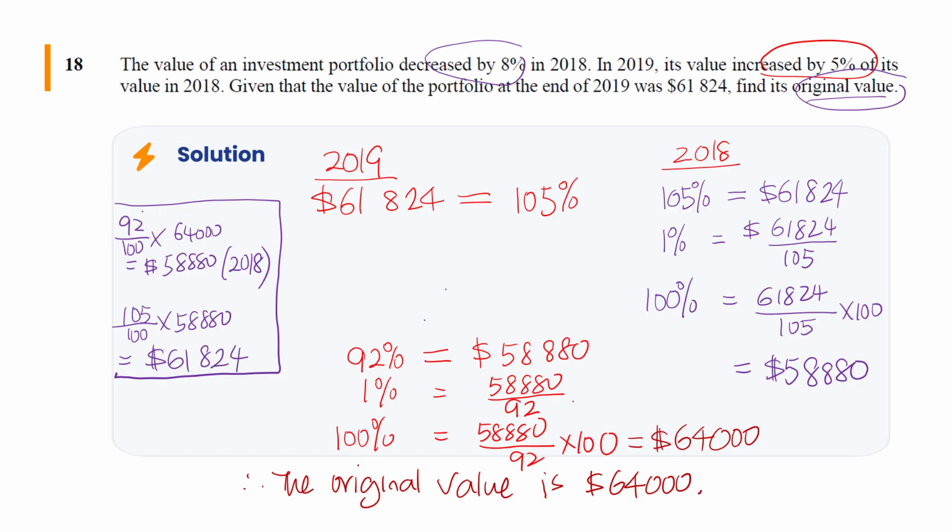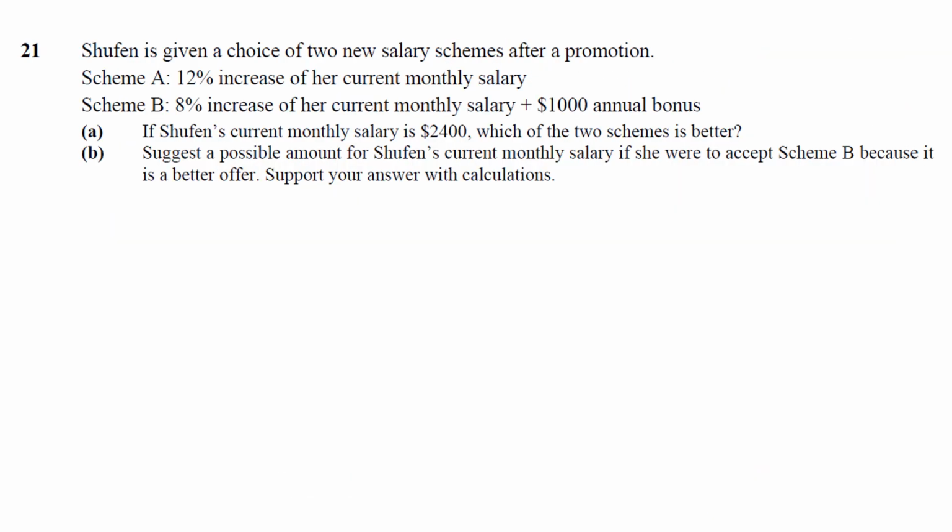I always have a bad habit of writing the dollar sign. It's just one vertical line only. Which tallies with the answer that we're given here. So therefore, our calculation is correct. So this is how you can check if you have got the correct answer. For the last question, this is a very interesting question.